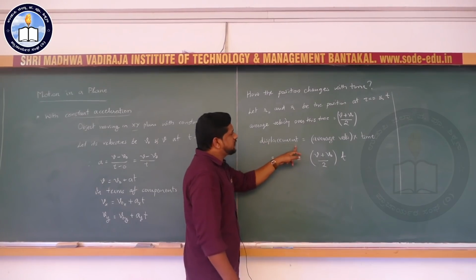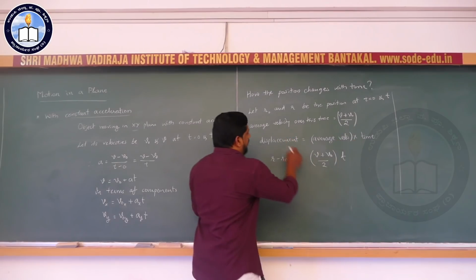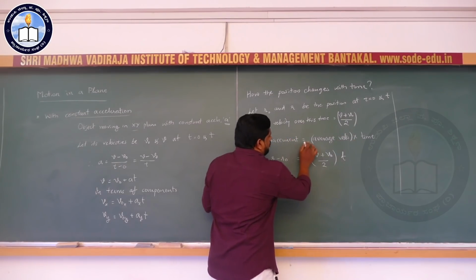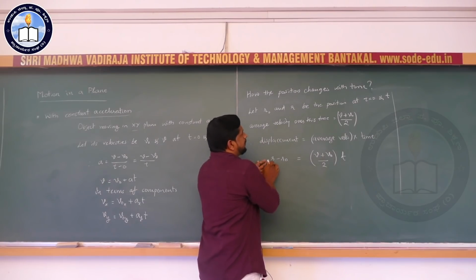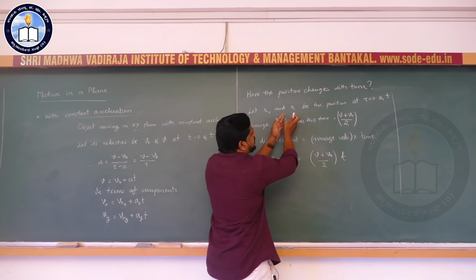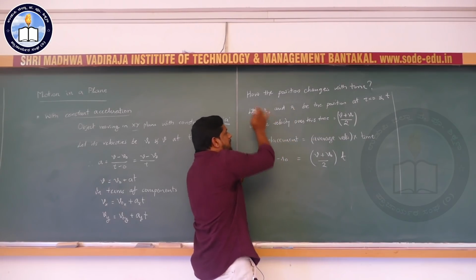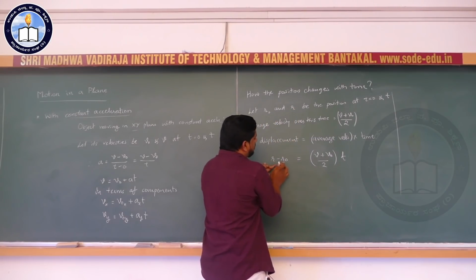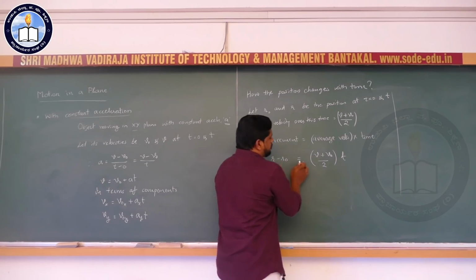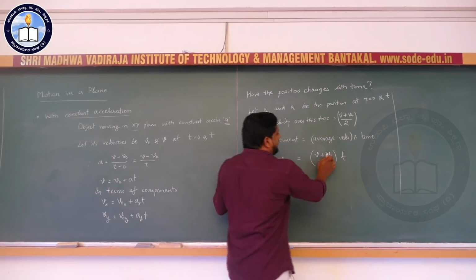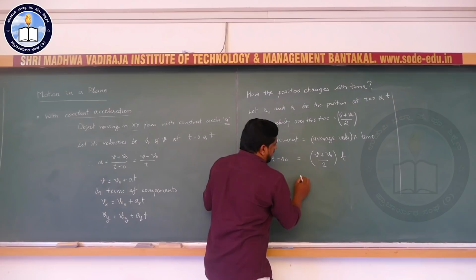Therefore, displacement will be equal to average velocity into time. Displacement is the change in position. We have considered that finally it attains the position r, and we started from r0. So r minus r0, final position minus initial position, will be equal to average velocity, (v plus v naught) divided by 2, into time.